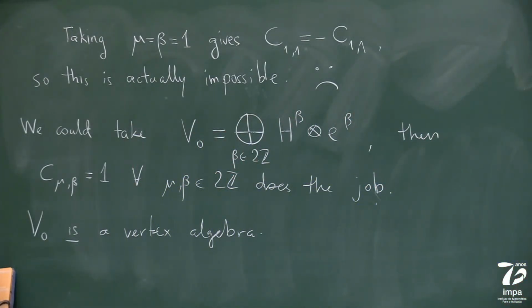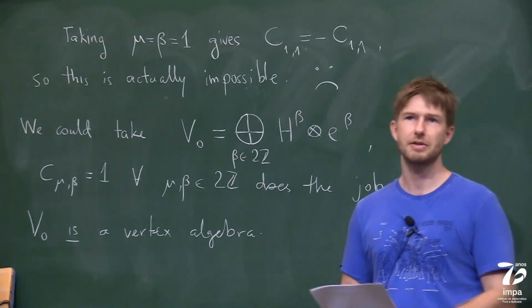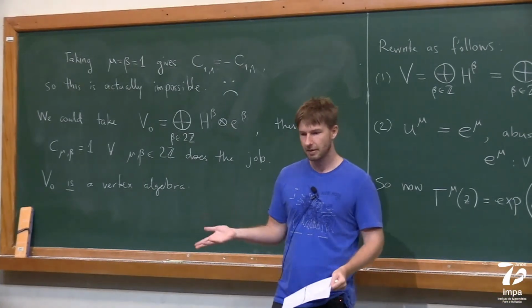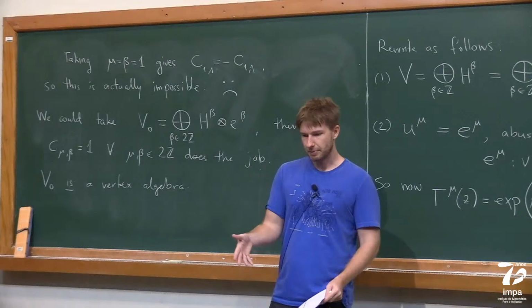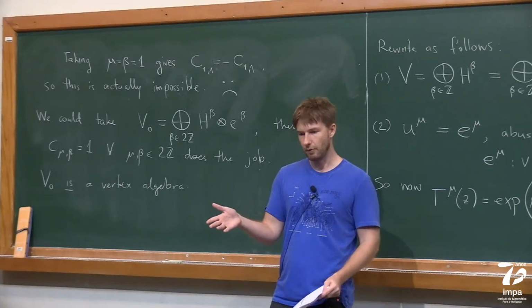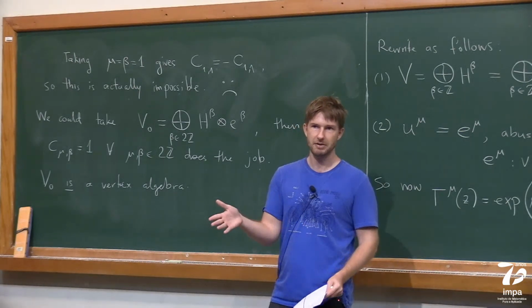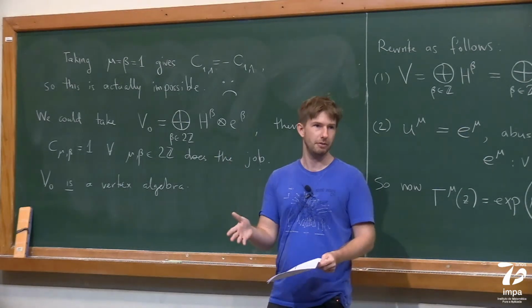Now, it's possible to salvage V as well. The point is, you don't quite get a vertex algebra, you get something called a vertex superalgebra. Those who know about superspaces will know what I'm talking about. Those who don't, I don't want to give much of a lesson on vector superspaces, but somehow the idea is that a vector superspace is formally a direct sum of two vector spaces, one of which you call even, the other you call odd.